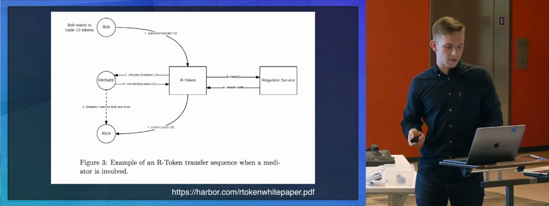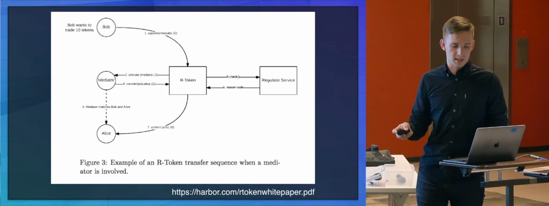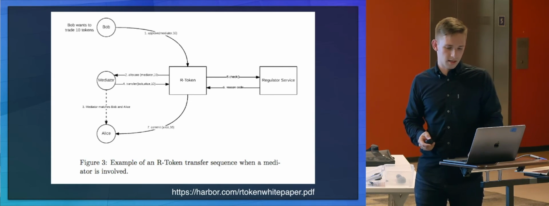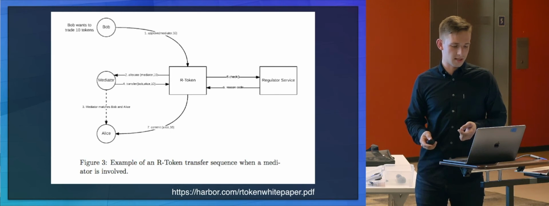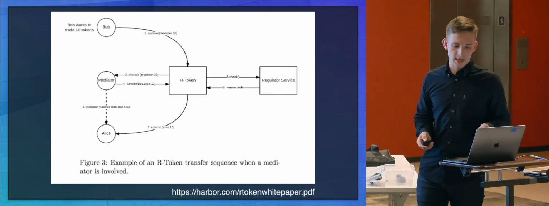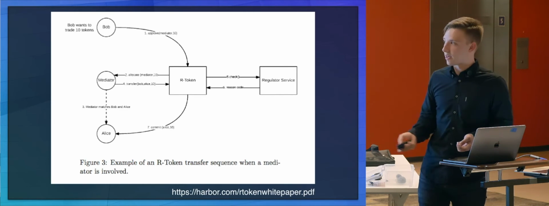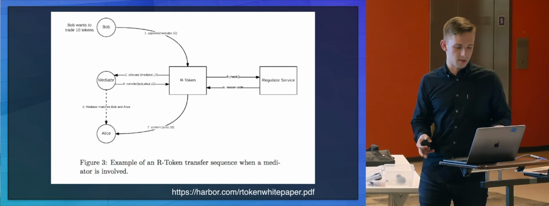Another thing about our token is that there are plans to give the regulator service potentially more authoritative control over transfers through something Harbor calls the mediator. A mediator might be something like a decentralized exchange. So in this scenario, the token holder would call ERC-20's approve method, specifying the mediator as the spender, and a description of the mediator from Harbor's white paper.